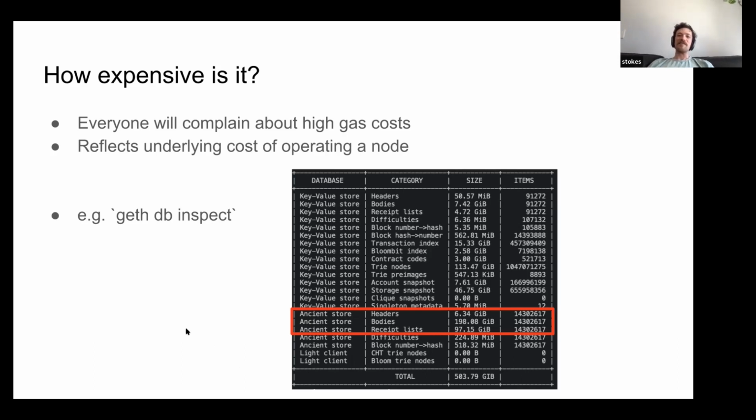And so what EIP-4444 is trying to do is say, okay, and there are other dimensions as well, in terms of compute and also networking. But the point is that having to sit from Genesis and sync the whole chain, it already takes 500 gigabytes of storage on disk. And the question is, can we reduce that? And in a second, we'll see it's important to keep this as small as possible.